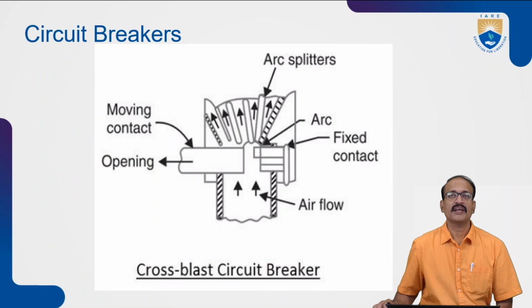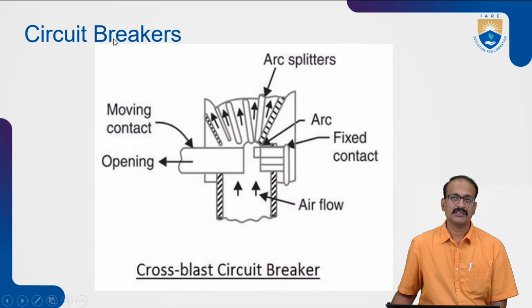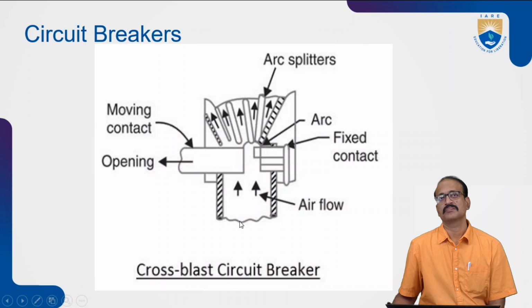So if you observe here, this is the diagram of the cross blast circuit breaker. Axial means along with the arc; here it is going perpendicular. This is the fixed contact. Here is the airflow.